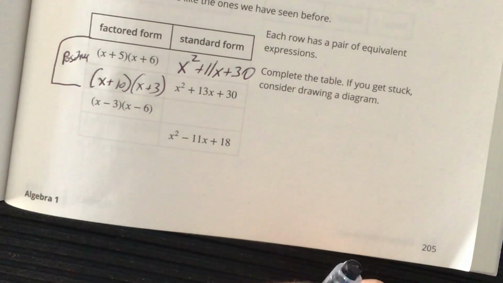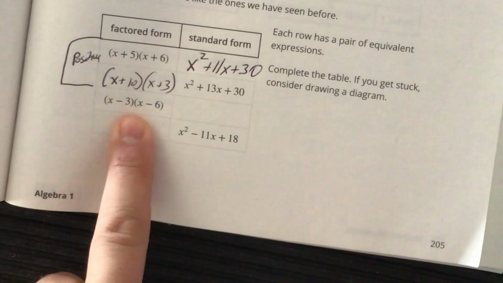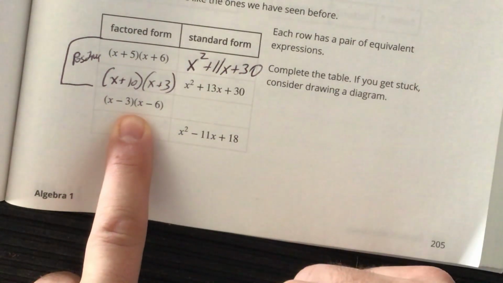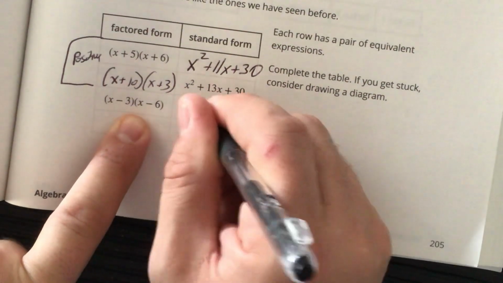Nothing new there, Jordan. How about if I FOIL this one? Or use a diagram? X squared minus 11x plus 18.